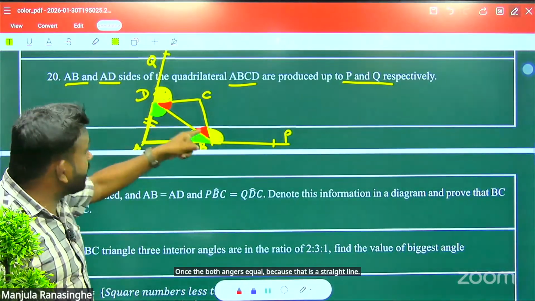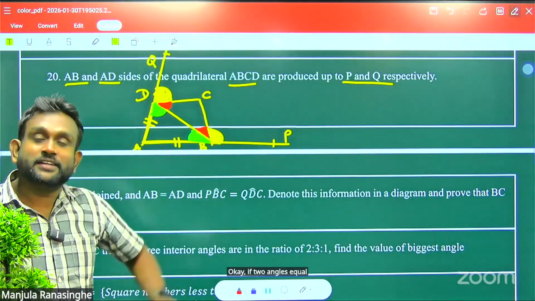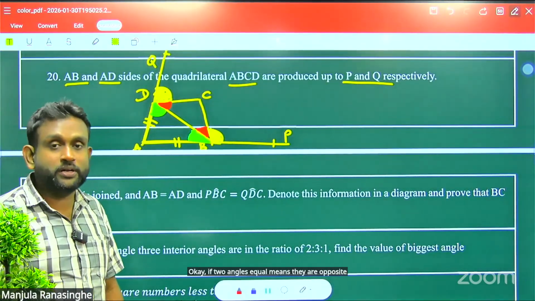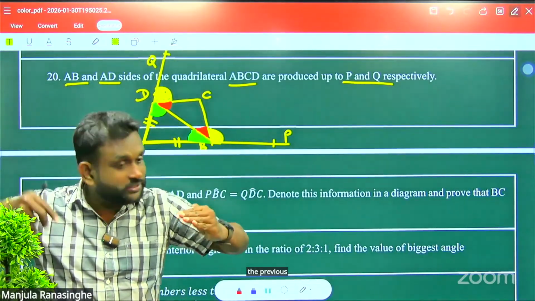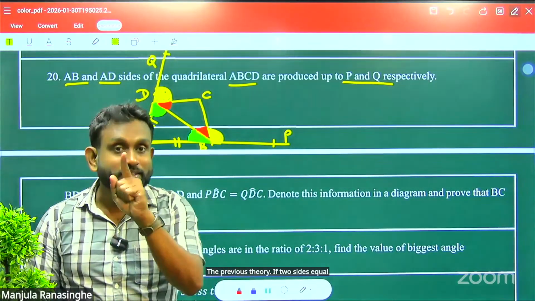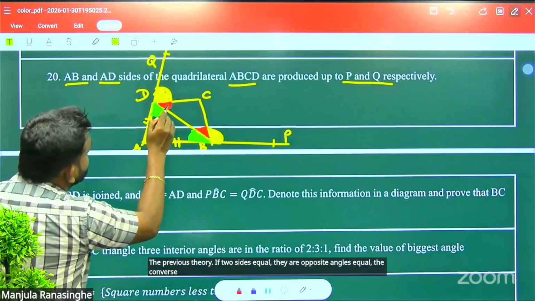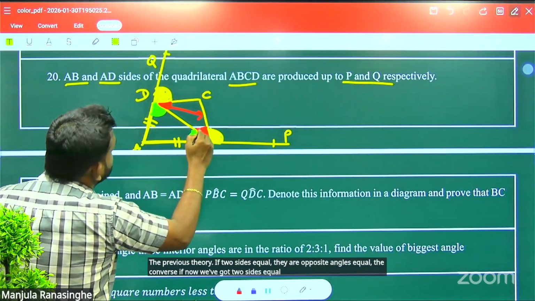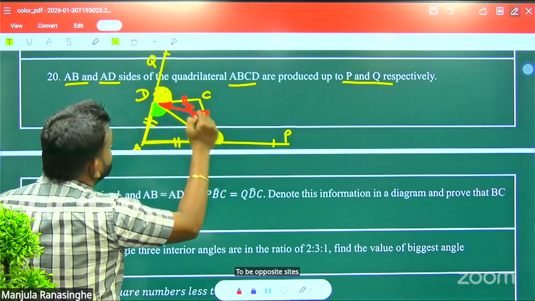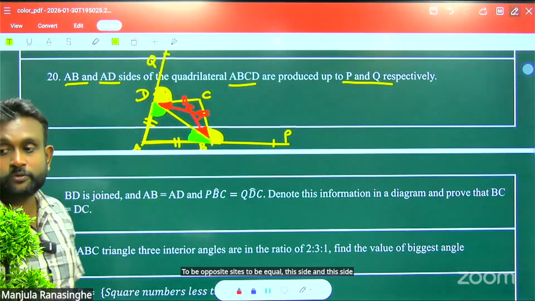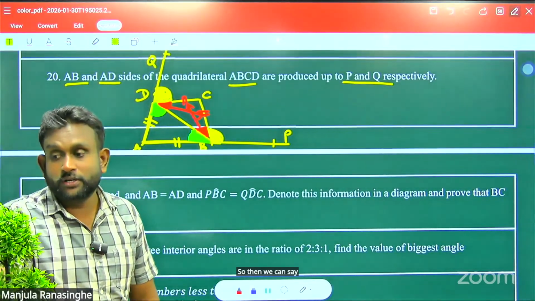If two angles are equal, their opposite sides are equal, the converse of the previous theorem, if two sides are equal, their opposite angles are equal. Now we have two angles equal, so the opposite sides are equal. So we can say that DC equals CB.